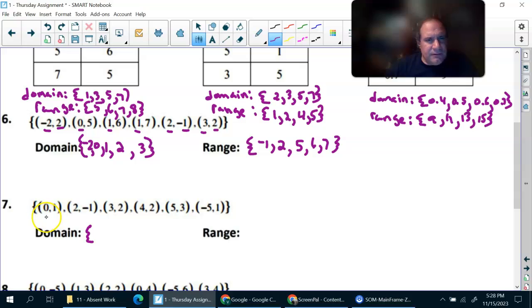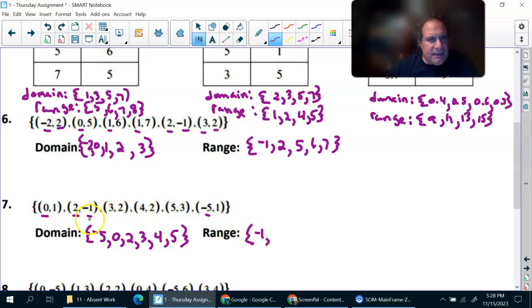Domain for this, the least is -5. Next is 0. The next is 2. The next is 3, and 4, and 5. The range, -1 seems to be the least.